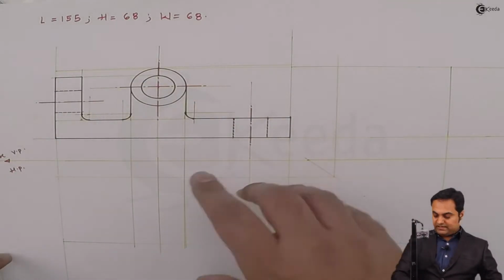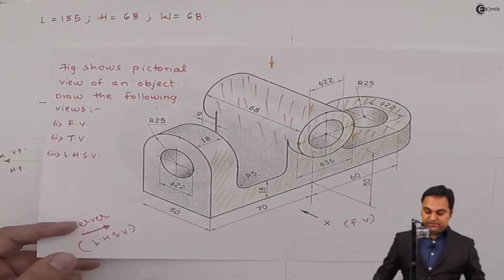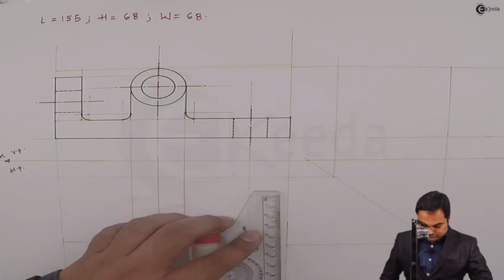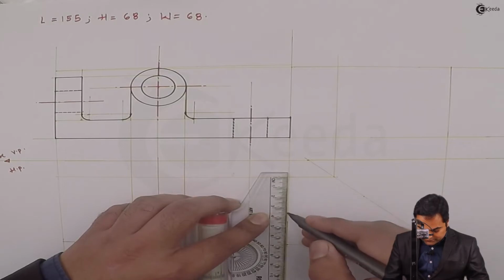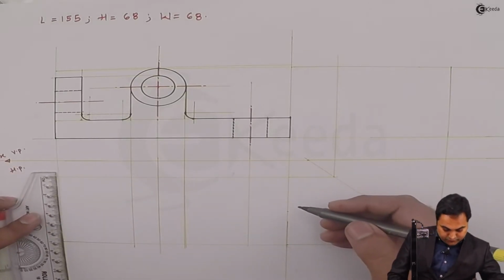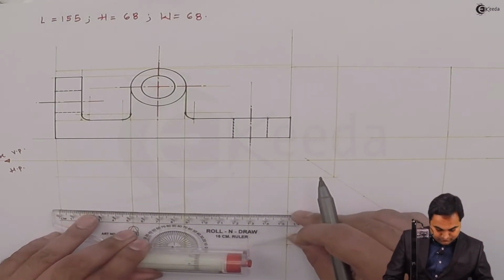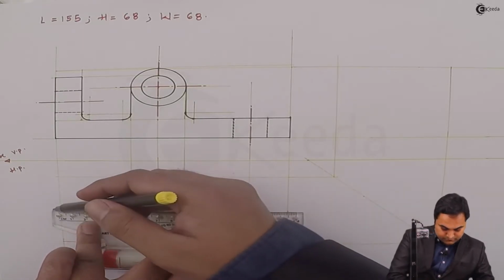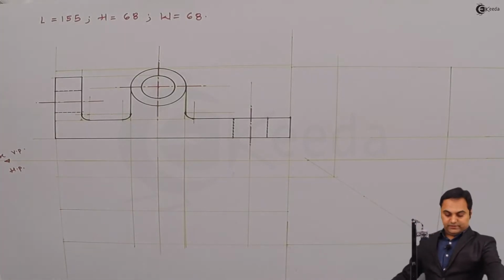Next, it should be exactly at the center as we see here from top. This line is exactly at the center. So for that, I'll take the half of width. It is 68 mm. So 34. Drawing light line.